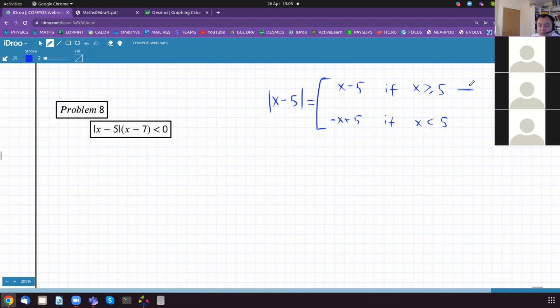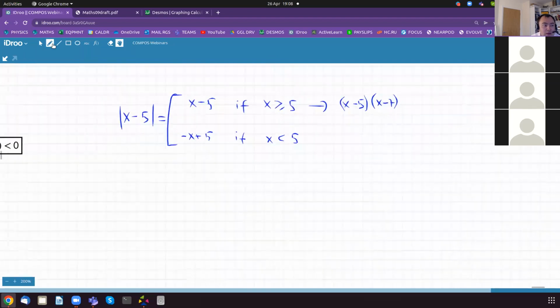So that means from here, this is x minus 5, x minus 7 is less than 0, and x is greater or equal to 5, or it will be written like this.